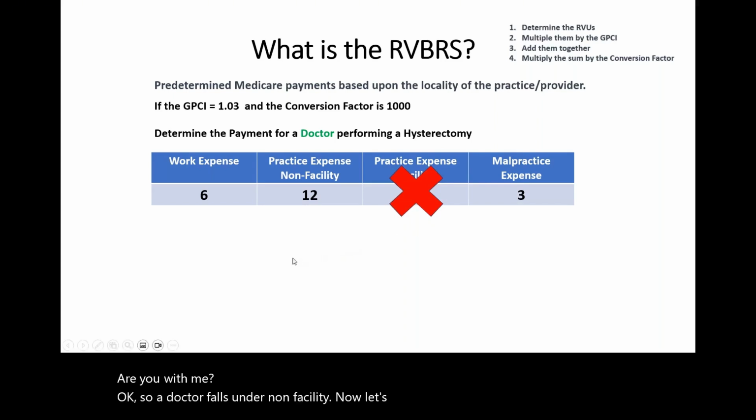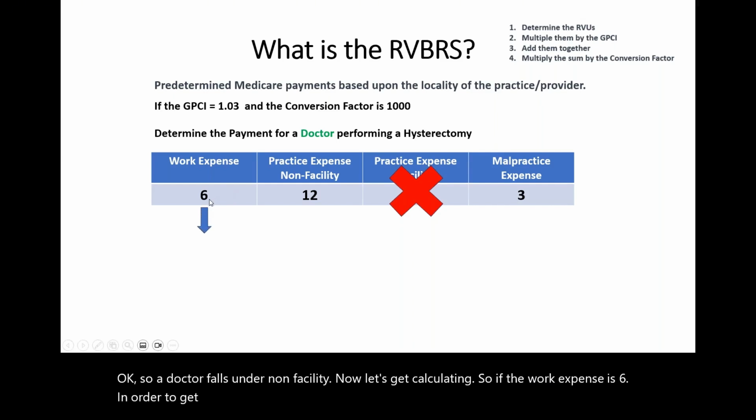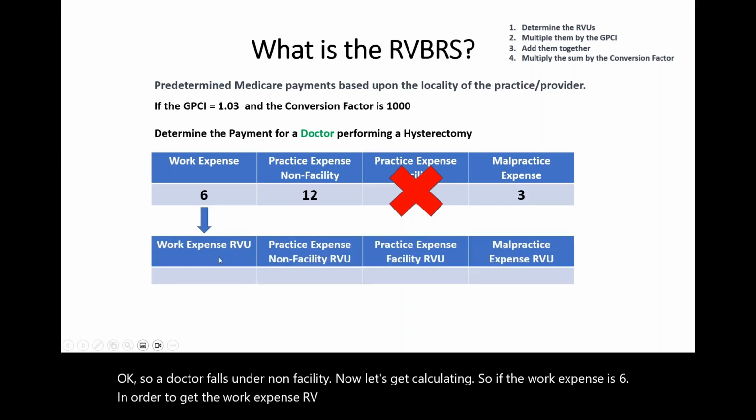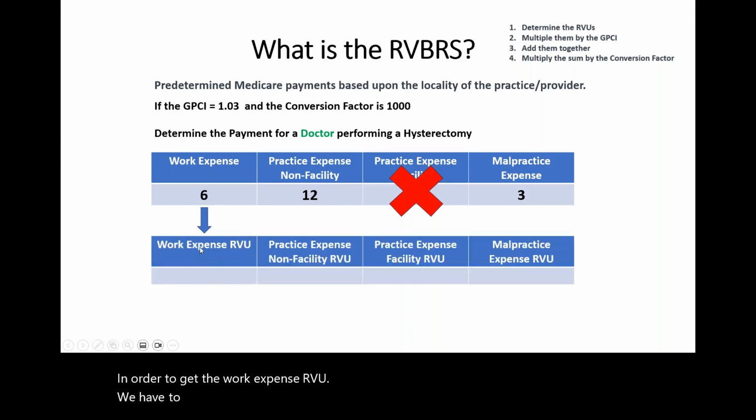Now let's get calculating. So if the work expense is 6, in order to get the work expense RVU, we have to multiply the work expense by what number? Go ahead and type in the chat. Good deal.